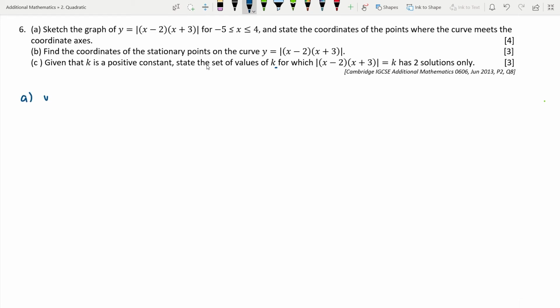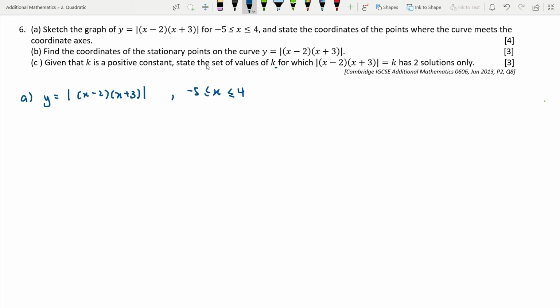We are given an equation y is equal to modulus x minus 2, x plus 3, where x is between -5 and 4. We are asked to sketch a graph of this curve.